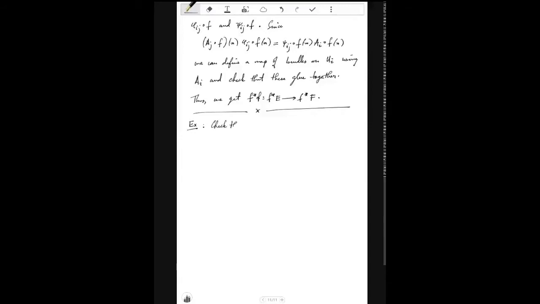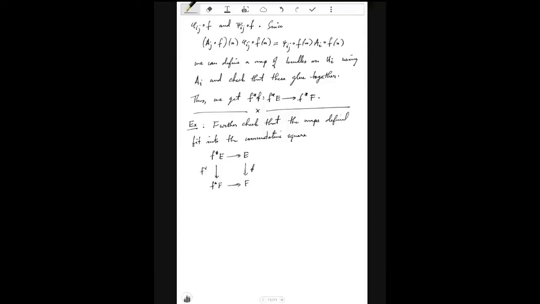Check that the maps defined fit into the commutative square: f upper star E to E, f upper star F to F, phi, this f tilde, and this also f tilde. Let's say f tilde E, f tilde F.